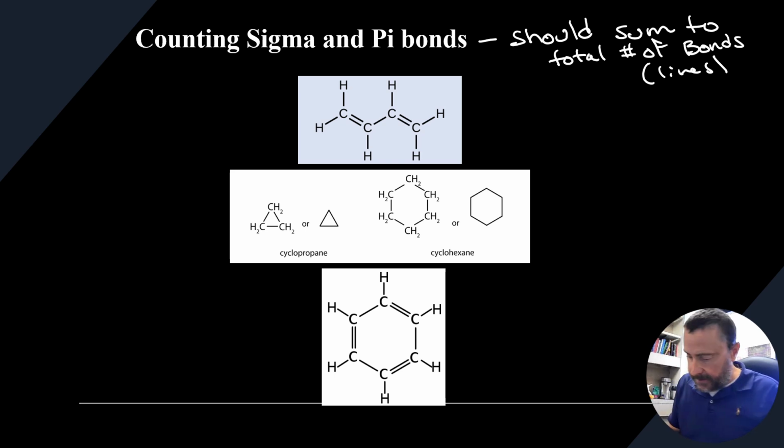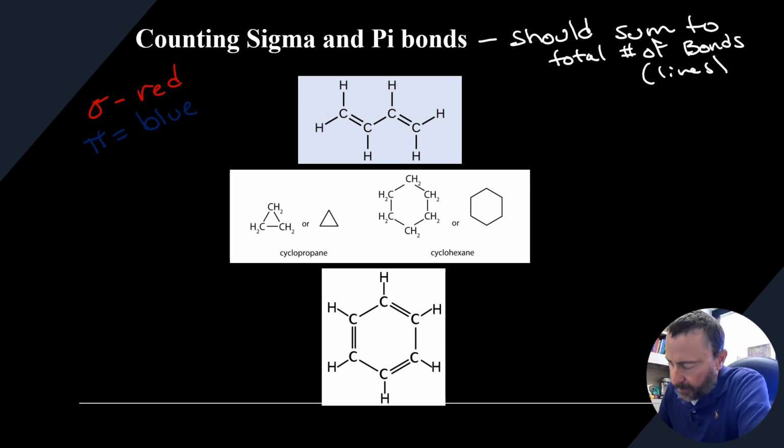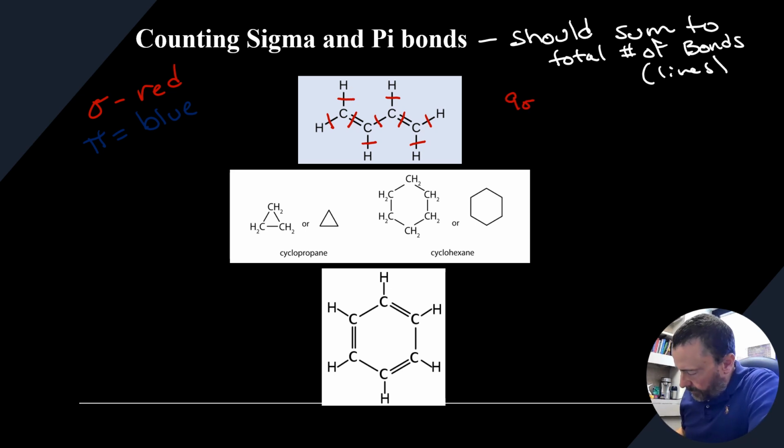I'm going to do sigma in red, and I'm going to do pi in blue. So sigma is 1, 2, 3, 4, 5, 6, 7, 8, 9. And then pi is 1 and 2. Two pi bonds there.